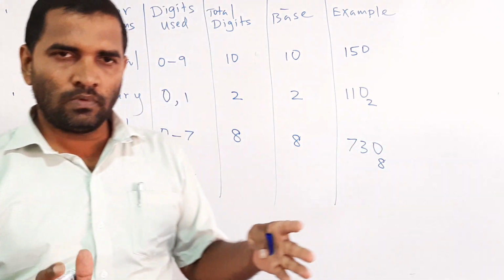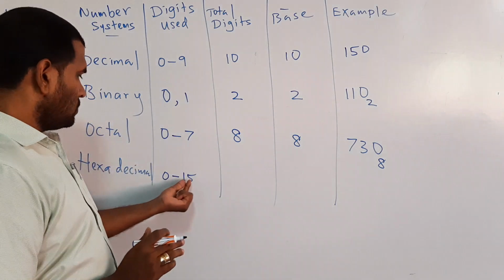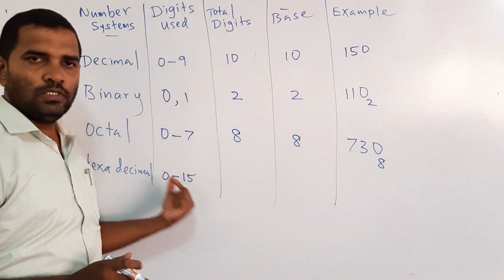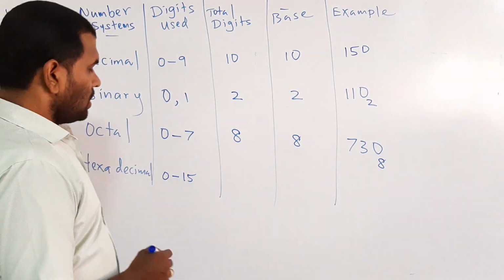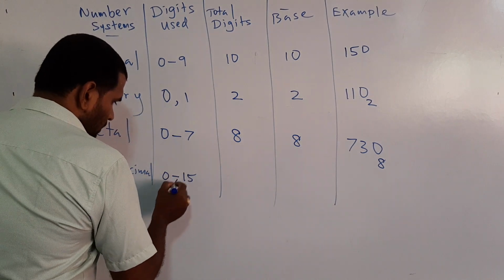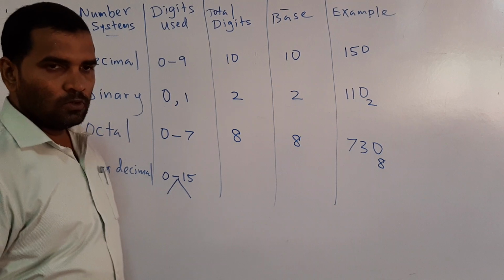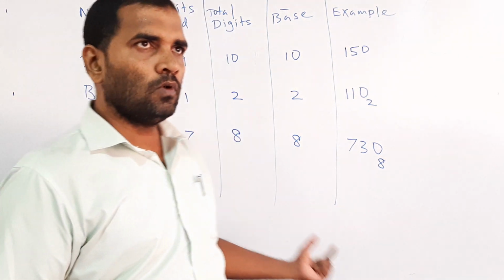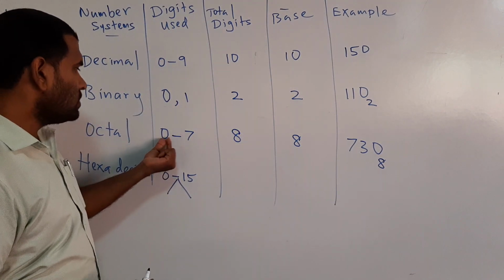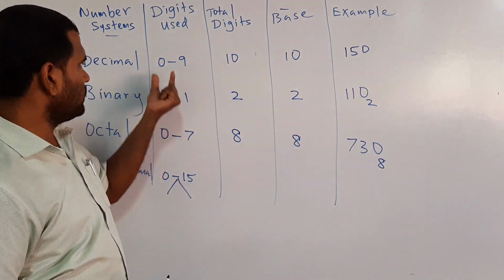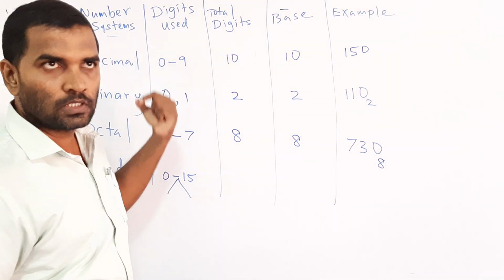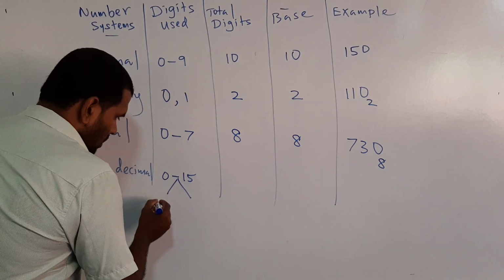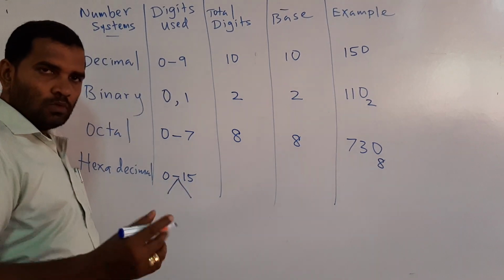To take the digits, you cannot put the 16 here, so it is 0 to 15. But the difference is, here we don't use numbers for the whole range. Here 0 to 7, all of them are numbers. Here all of them are numbers. Here also numbers. But here, we divide this range into 2 halves.